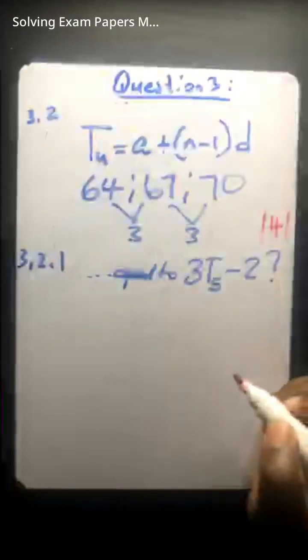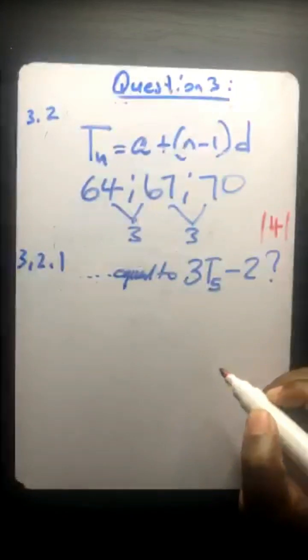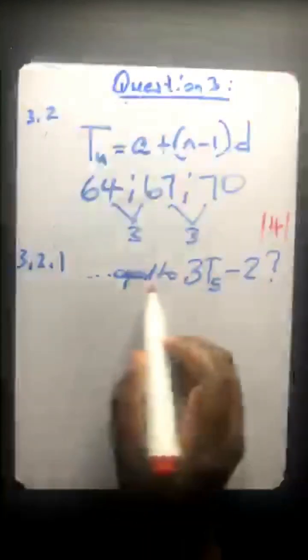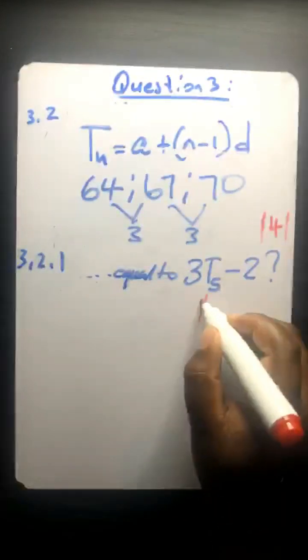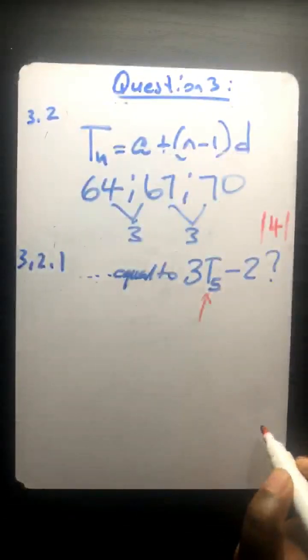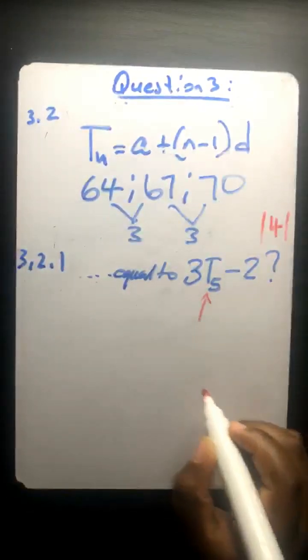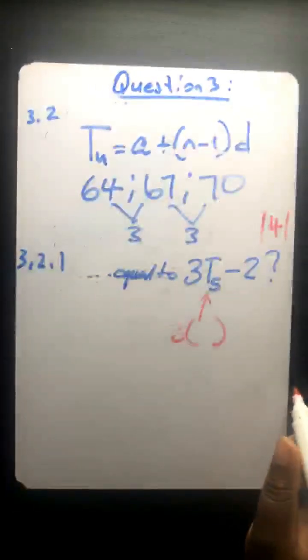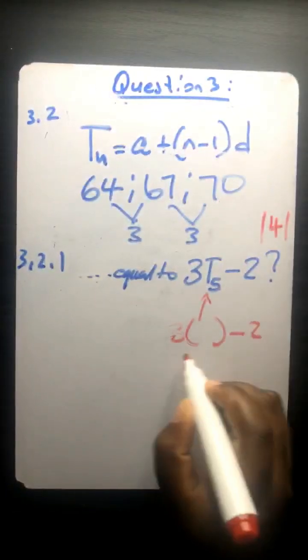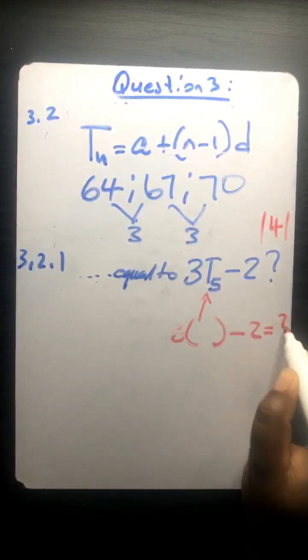Guys, this is what comes to my mind. The moment they say which term is equal to all of that, that means I need to know what is term number 5. That's all. If I can know what is term number 5, I'm therefore going to say 3 into whatever term number 5 is, then I minus it by 2, and I'm going to give that answer.